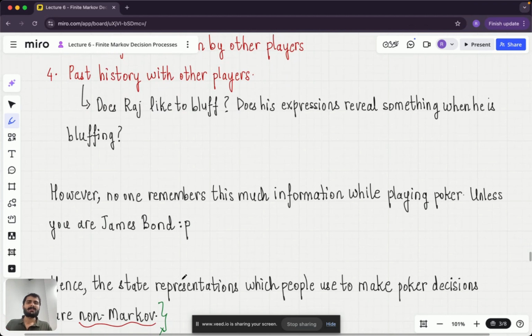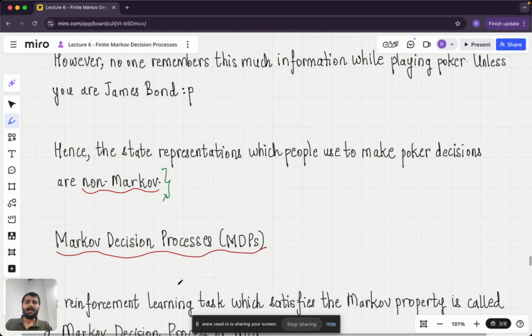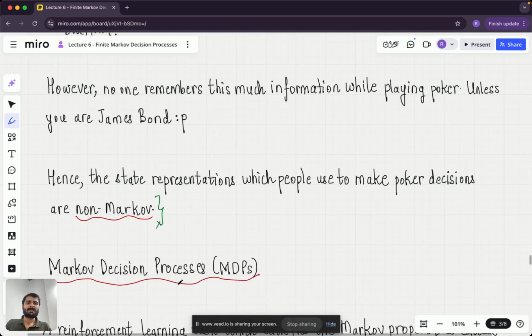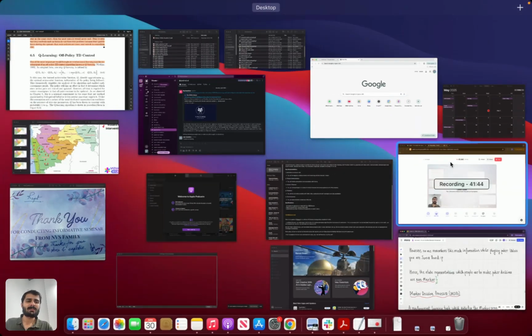So the state representations which people use to make poker decisions are non-Markov, because the state does not retain all the relevant information that is needed to play the next move. These are some examples in which you can apply the definition of the Markov property in practice. And now we move to the next section, which is Markov decision processes.